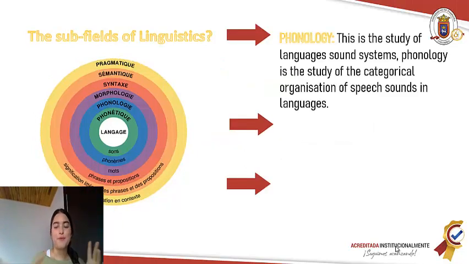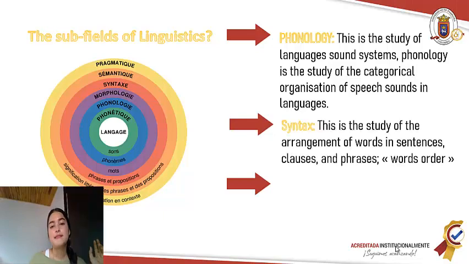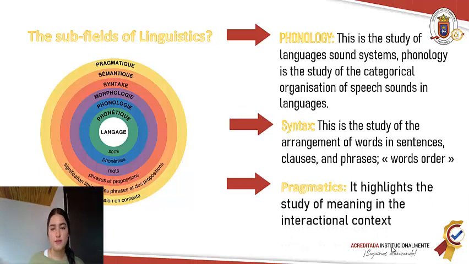Let's continue with phonology, that is the study of the language sound system. Phonetics is the study of the categorical organization of the speech sounds in language. Syntax, that is the study of linguistic units larger than a word and how they are constructed. And the last one, pragmatics. It highlights the study of meaning in interrelational context.